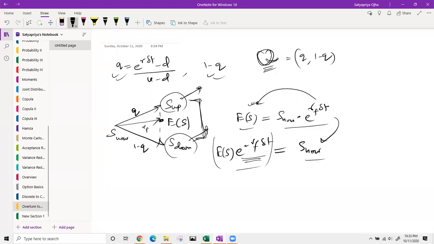So what is the average of the discounted stock price?